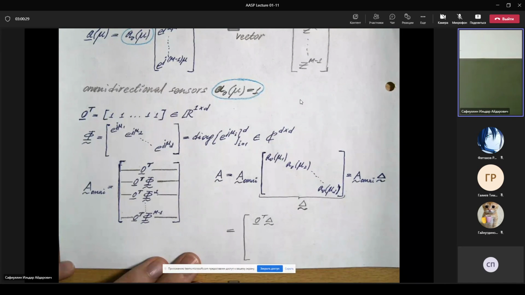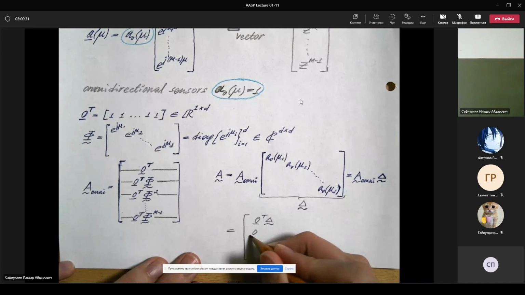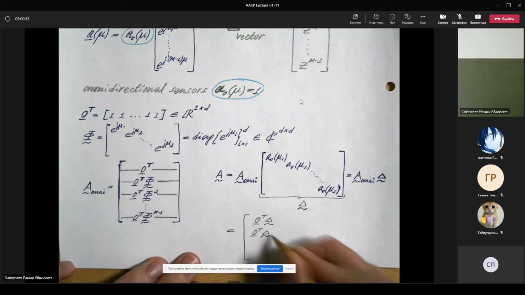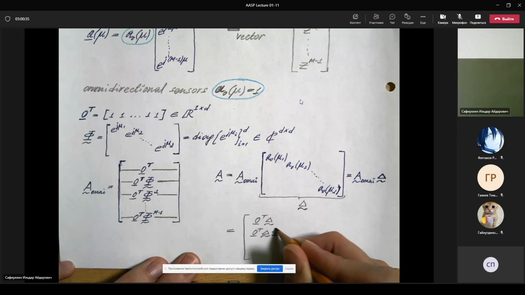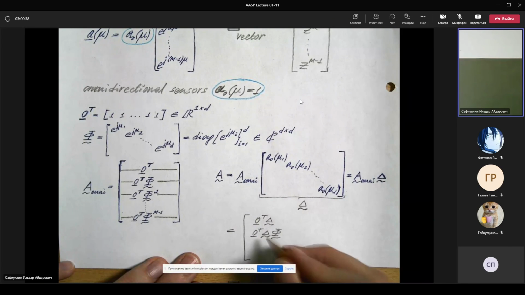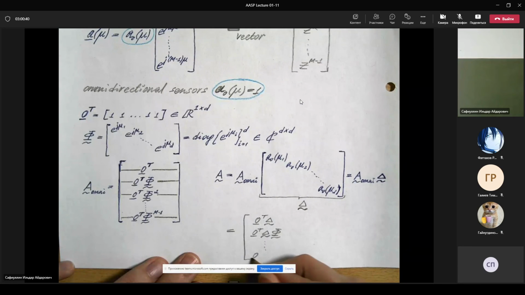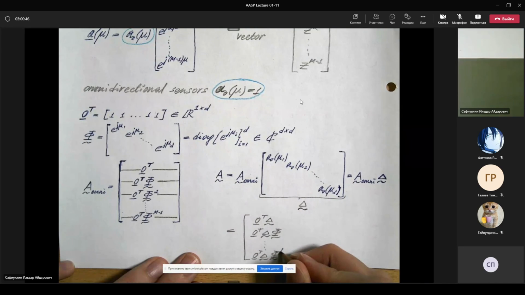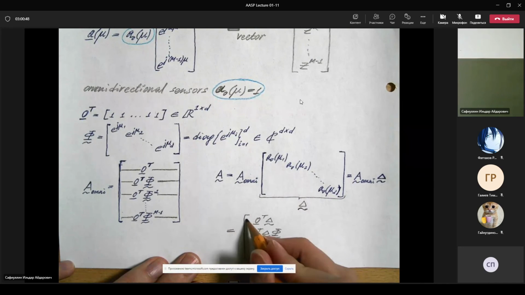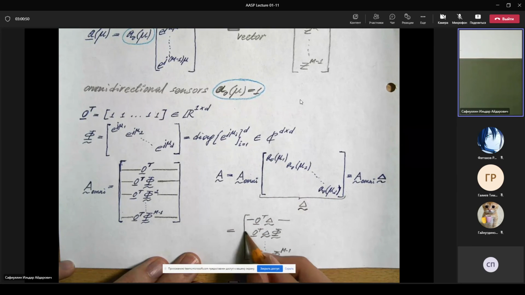Then O transpose times delta times phi, etc., O transpose times delta times phi to the power of m minus 1.